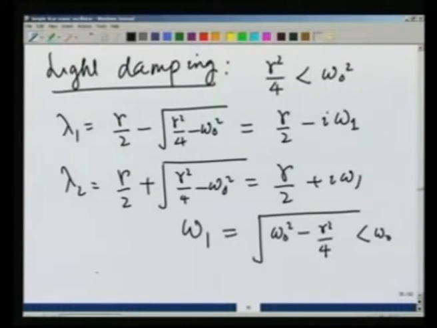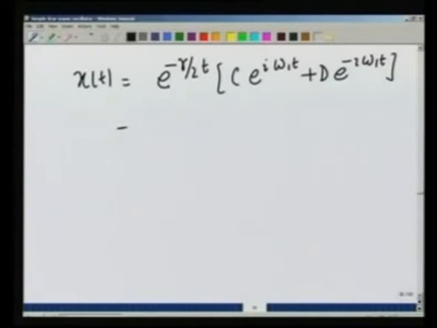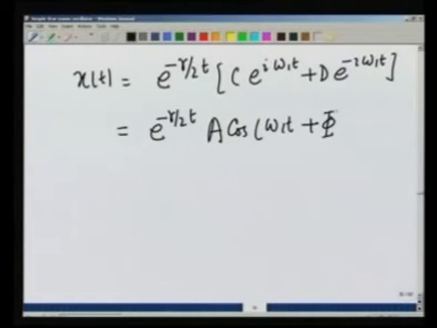So, the general solution x(t), which I have been writing as c e raised to minus lambda 1 t plus d e raised to minus lambda 2 t, is going to be, in this case, x(t) equal to e raised to minus gamma over 2 t times (c e raised to i omega 1 t plus d e raised to minus i omega 1 t), which is equivalent to writing this as e raised to minus gamma over 2 t, some amplitude, cosine of omega 1 t plus a phase constant phi.